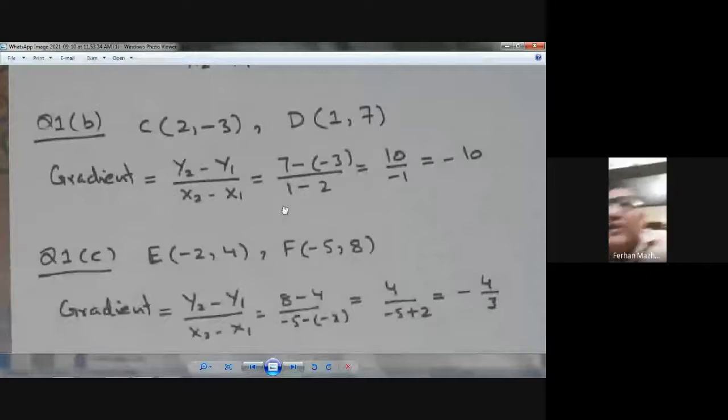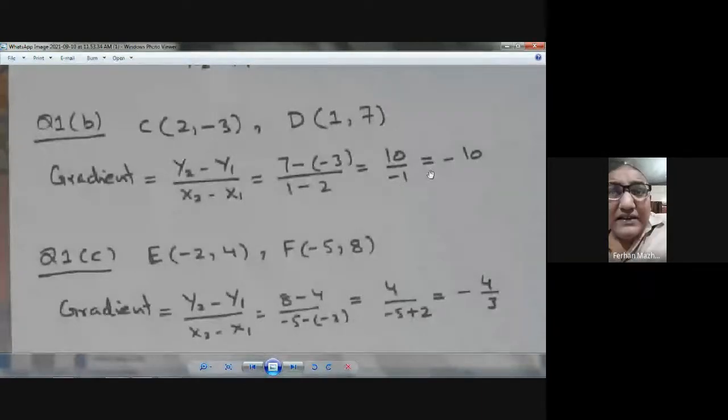So very important here, this negative is in the formula, and this minus 3 is the value of the y1. Then the x2 minus x1, the x2 value is 1, minus is in the formula, and this is the x1 value. So minus minus will be plus. 7 plus 3 will be 10. 1 minus 2 will be minus 1. So basically the answer will be minus 10.